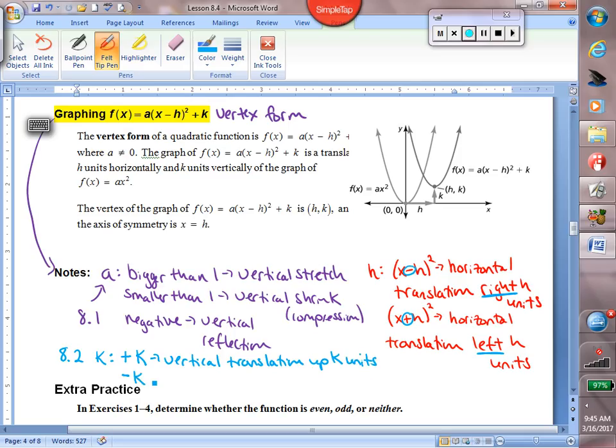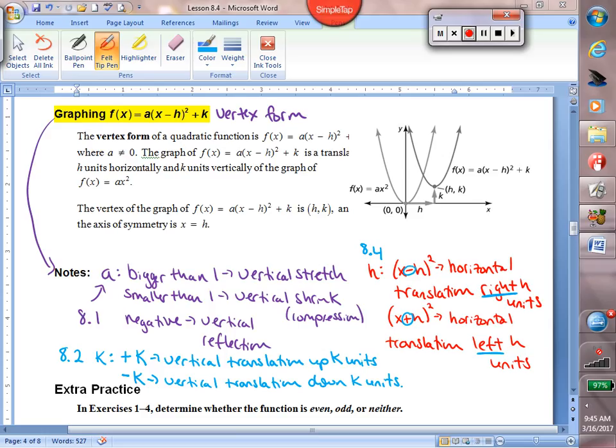If we subtracted k, we had a vertical translation down k units. Now, before I move on and talk about why this is vertex form, how we get our vertex from this, take a little pause here and make sure everybody in your group has all of this complete.